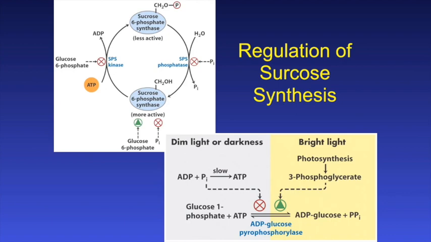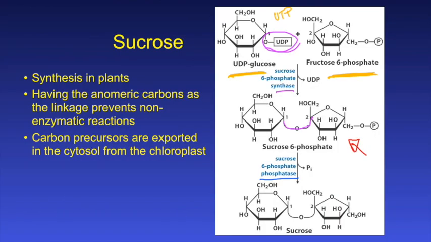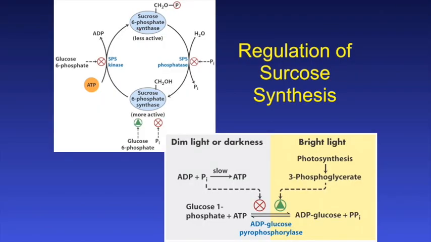Sucrose 6-phosphate synthase, that is this one at the top, and then the phosphatase. This actually should really be U, because we have UDP glucose as the activated species.